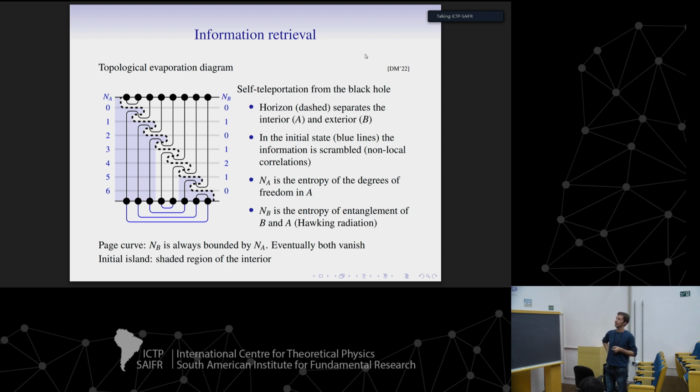The number on the right increases initially, then it can fluctuate a little bit, but always stays less than the number on the left, and eventually it will be 0. Although I do not make a plot, I hope it is clear that this is the behavior of the Page curve, consistent with unitary behavior.